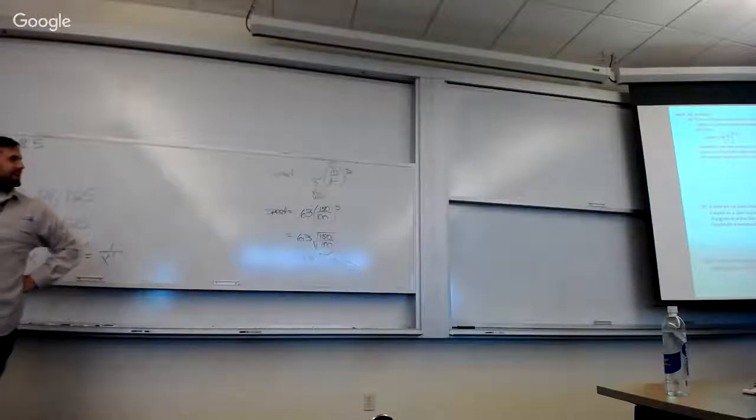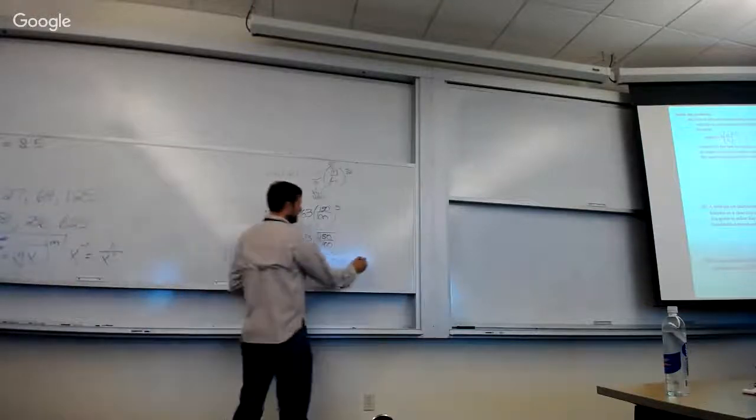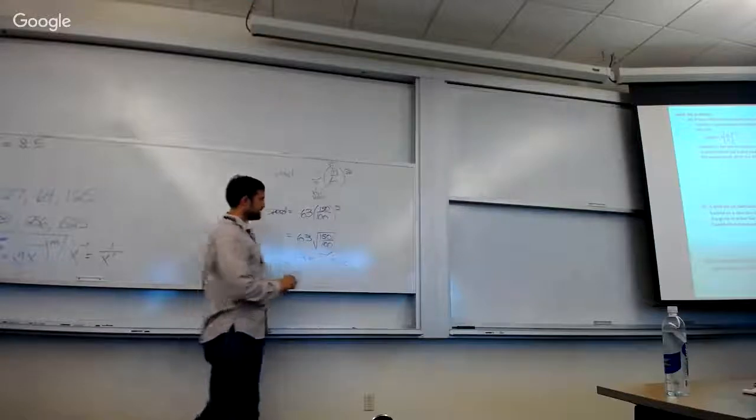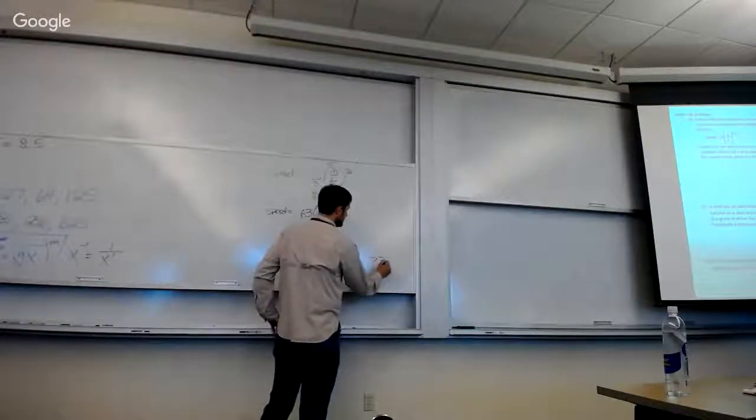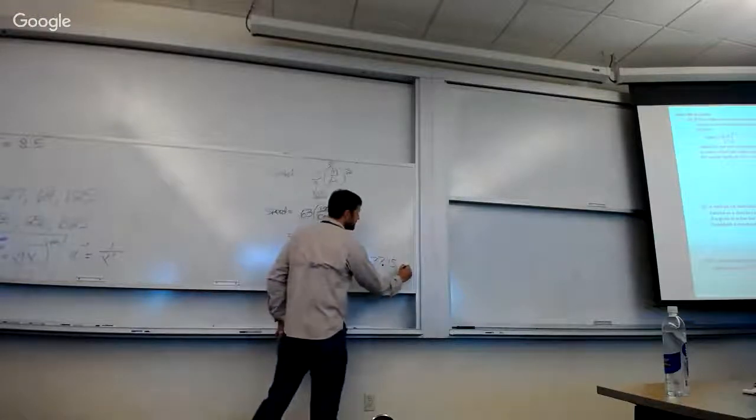Now, one thing to keep in mind, what answer did you get? 77.15. Okay. So 77 miles per hour.